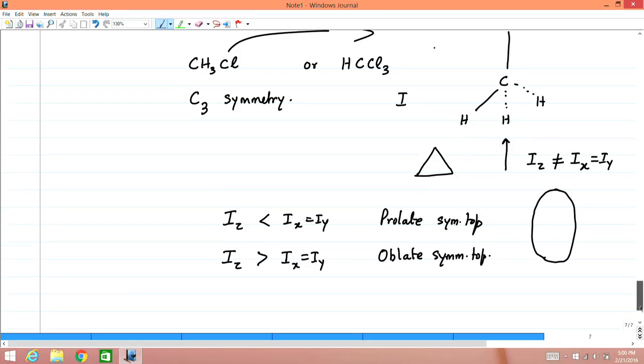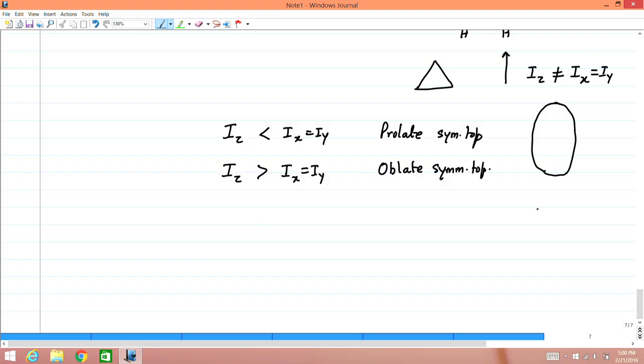The oblate symmetric top is usually depicted like an ellipsoid of this kind. This is of course an ellipse in 2 dimensions, but the whole thing is an ellipsoid. The 3 moments of inertia actually become the 3 axis system for drawing the ellipsoid, and this is one of the axes, and the other 2 axes are like that, perpendicular.